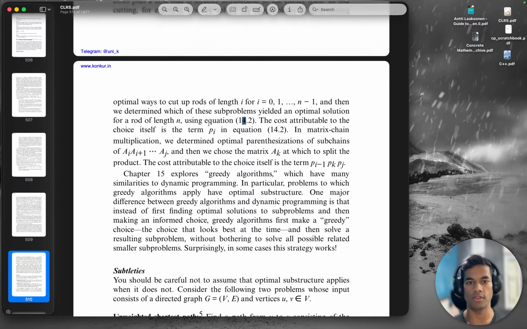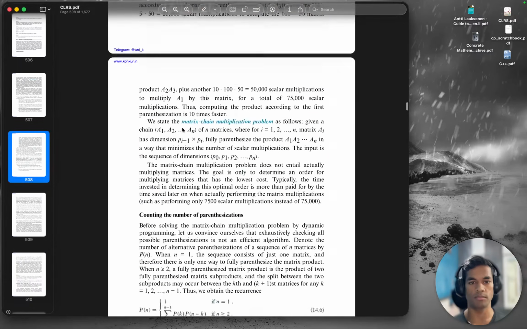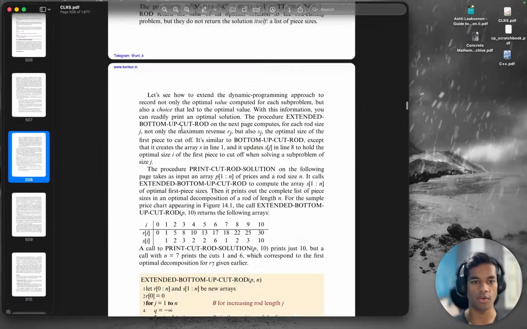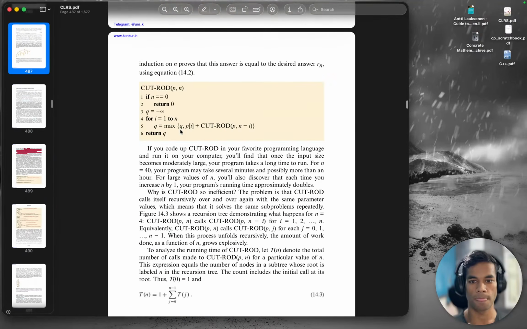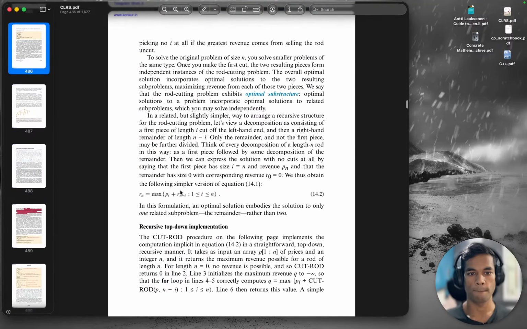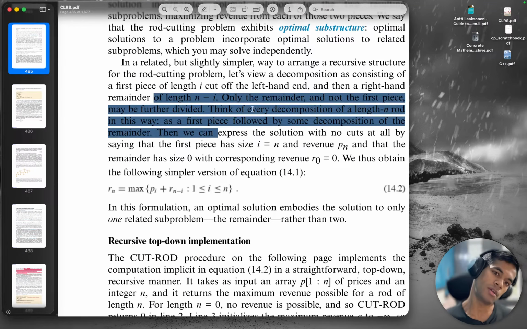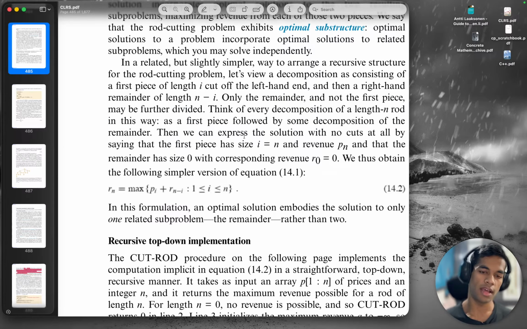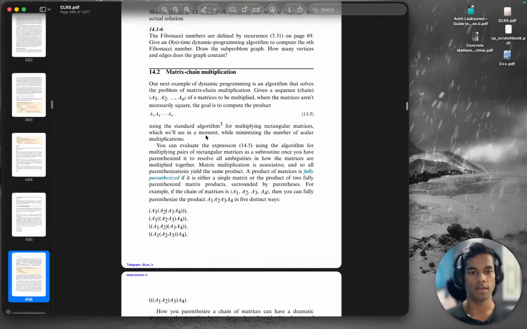Where is the 14.2 equation? 14.2, yep. Ah, that makes sense.